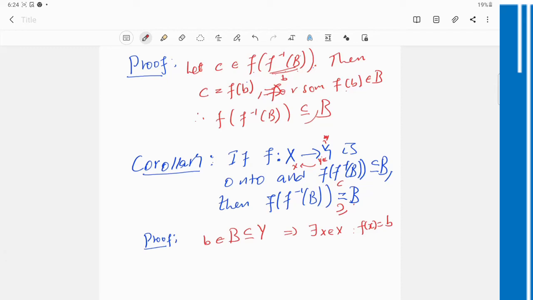So f of something, let's assume this is f inverse of B, then we are done. So it's easy.